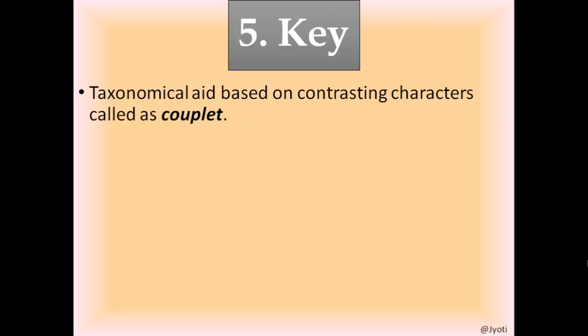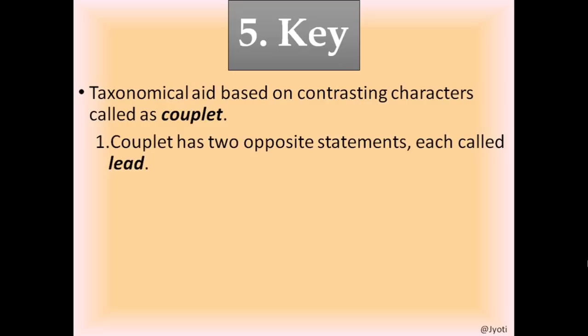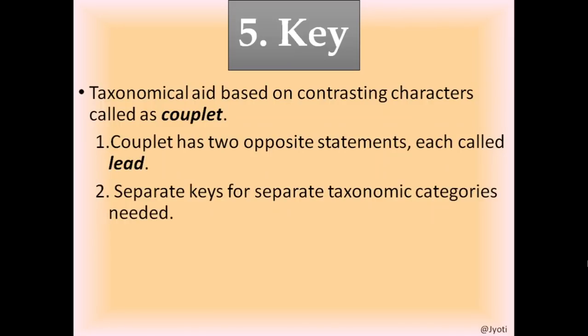I will give you some examples so that you can understand. For now, just remember that keys are based on contrasting characters called couplets, a couplet has two opposite statements, and each statement is called a lead. Separate keys for separate taxonomic categories are needed.